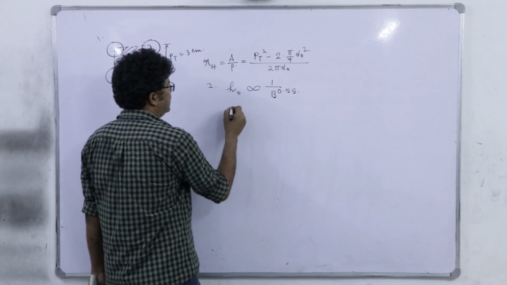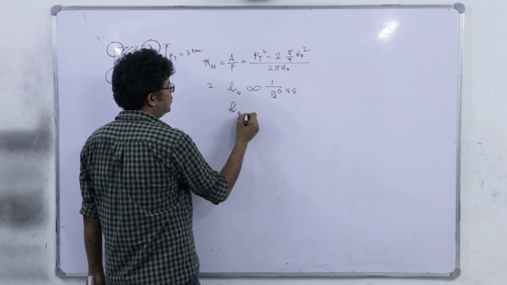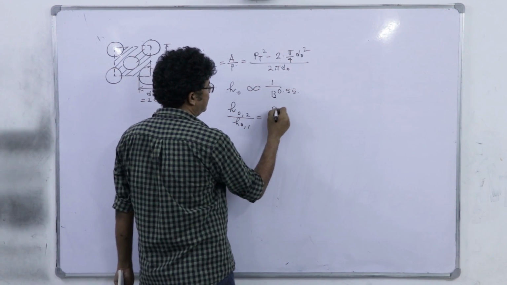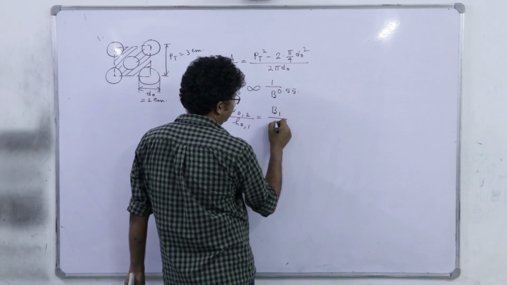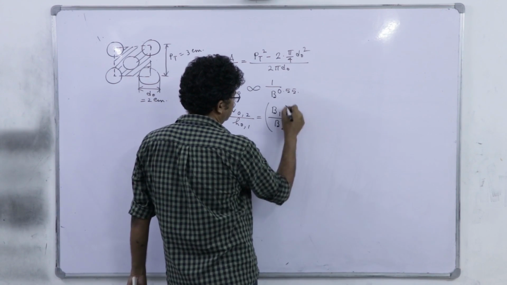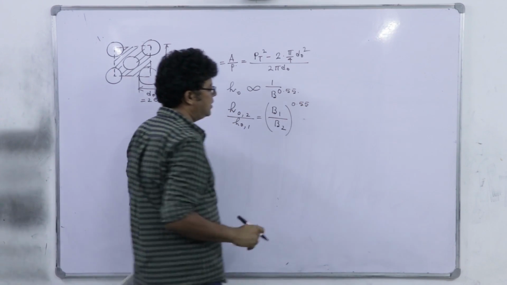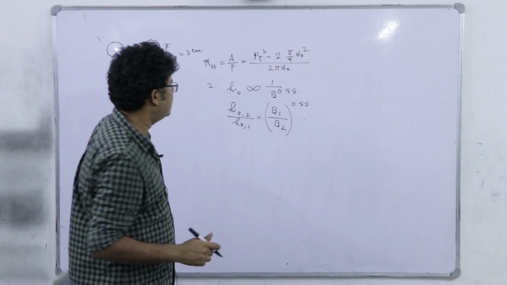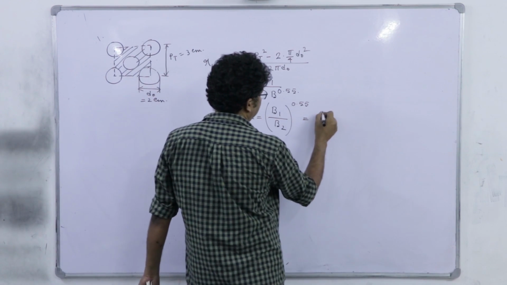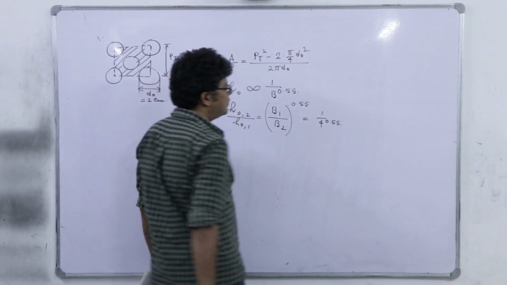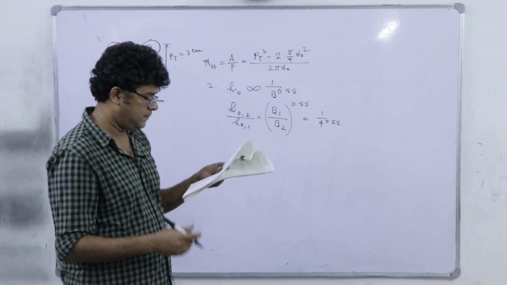So HO2 by HO1 is equal to B1 by B2 whole to the power 0.55, and B2 is 4 times higher than B1. So it is 1 by 4 to the power 0.55. So it is close to 2.